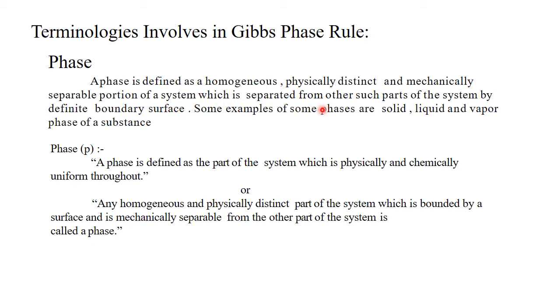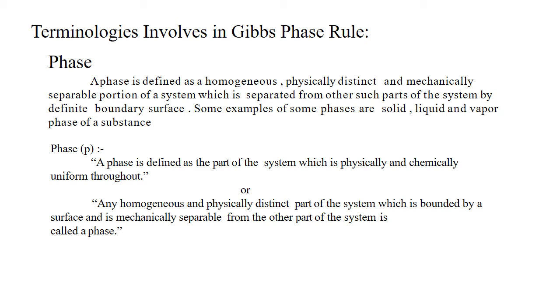The substance exists in 3 phases, which are solid, liquid and gaseous phase. E.g. water. Water in the liquid form is called liquid phase. Water in the ice form is a solid form, so that is the solid phase. And water in the gaseous form or in the steam form is called gaseous phase.